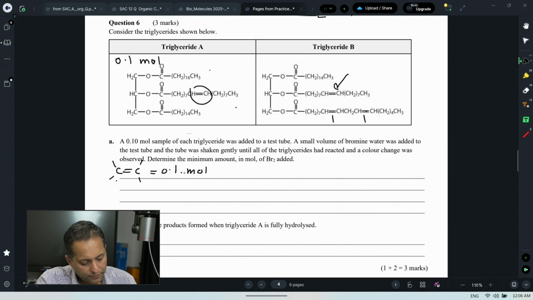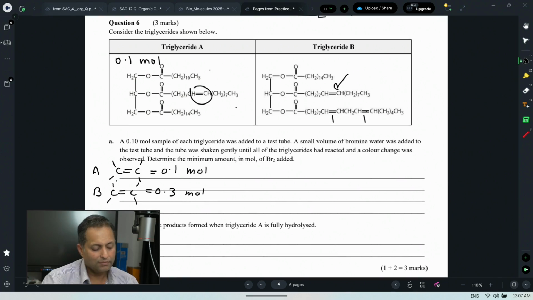However, if you take 0.1 mole of triglyceride B, you will be taking 0.1 times 3, 0.3 moles of carbon-carbon double bonds.